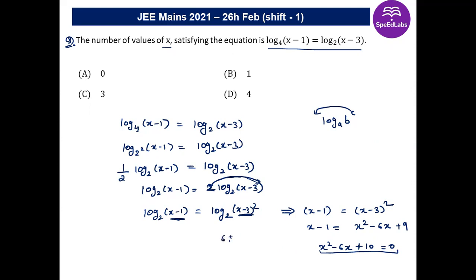So let me solve it using quadratic formula. So that will be 6 plus minus square root of 36 minus 40. Okay, so this is coming less than 0. The D is coming less than 0. That means there will be no value of x which will satisfy this particular equation. Okay, so here we will say the answer will be option number A, that is no value of x.